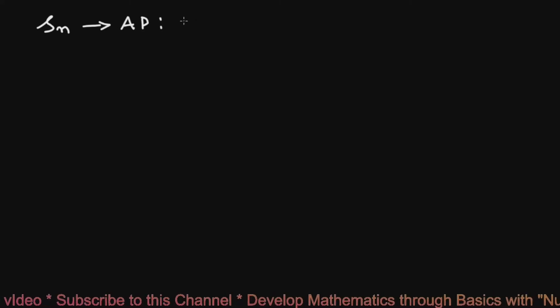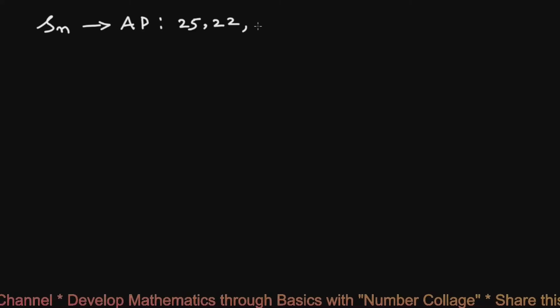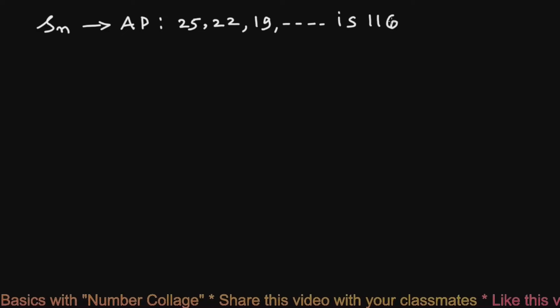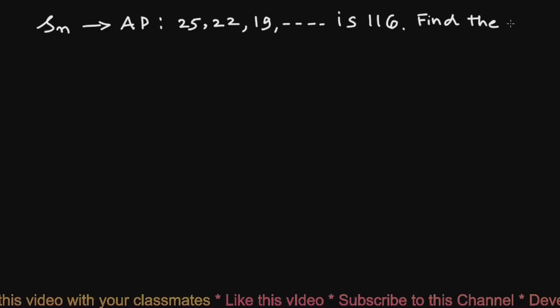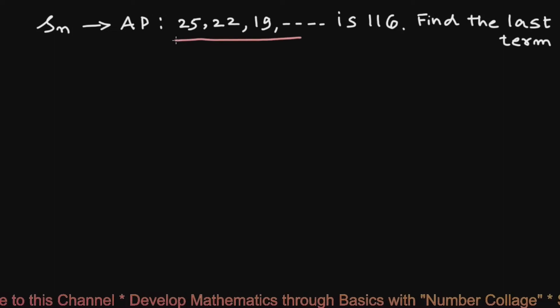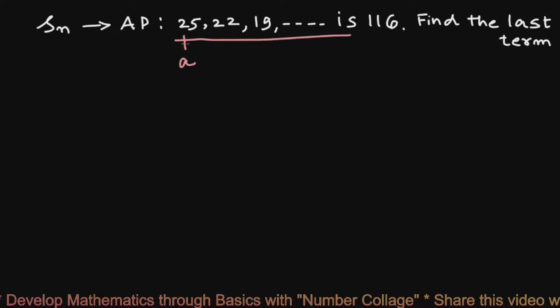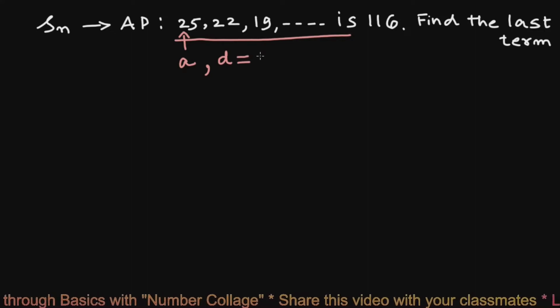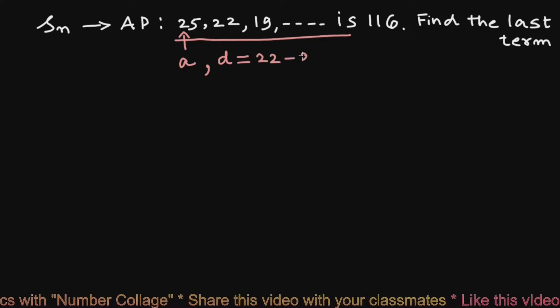If the sum of a certain number of terms n of the AP 25, 22, 19, and so forth is 116, we have to find the last term. For this AP, we have the first term a is 25 and common difference d is 22 minus 25, minus 3.